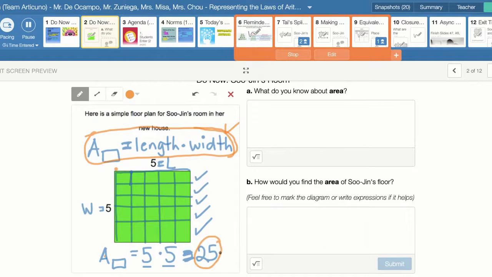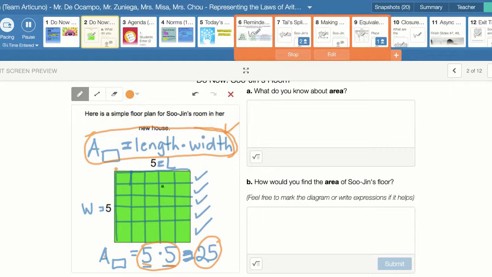Wait a minute. How do we know for sure that it is always going to be length times width? And how do we know that it is 5 times 5? So look at how I cut this square here. By the way, 5 times 5 is the same thing as 5 groups of 5.